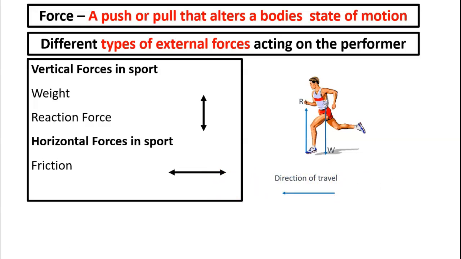Friction is an example of an opposition force. Basically, it's a force that opposes motion of two surfaces in contact. If you have a look at friction, the arrow should maybe just be a little bit back there. The reason why the friction arrow goes this way is, if you imagine that the athlete here is running that way, when he presses down, the direction of his foot or his leg is going back that way.